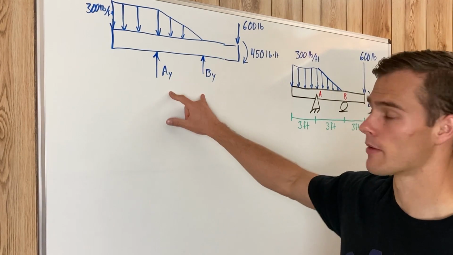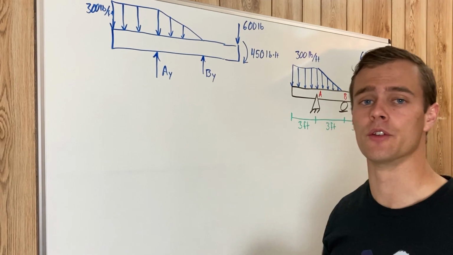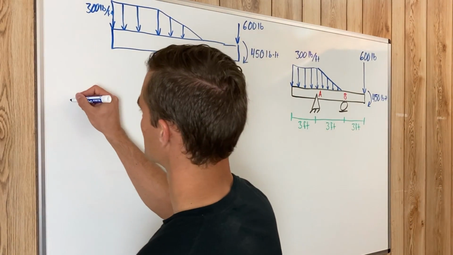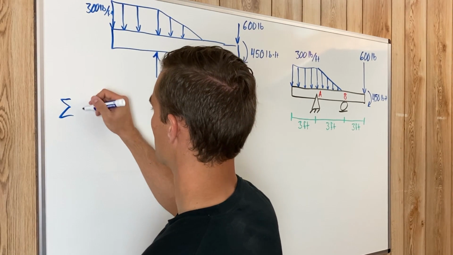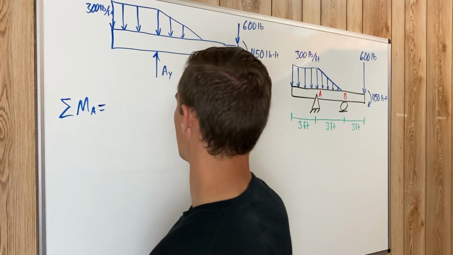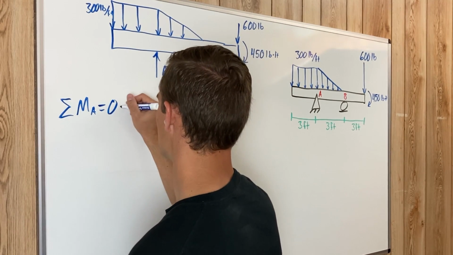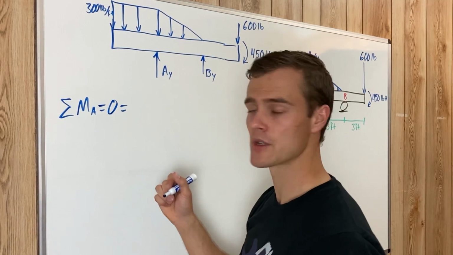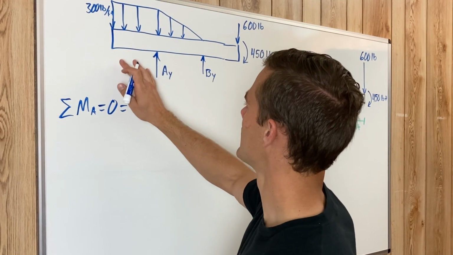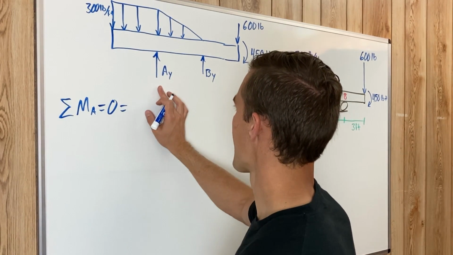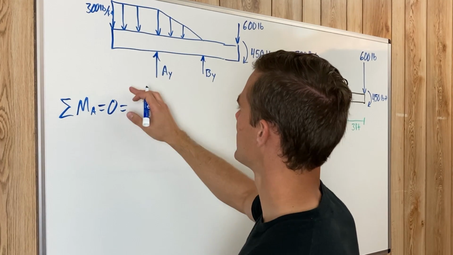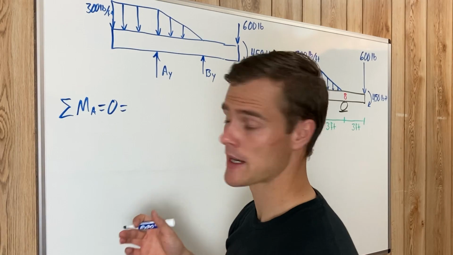Now we need to solve for the reaction forces, and we'll do that using equilibrium equations. So first we'll sum moments about point A so that we can solve for the reaction force B. Set that equal to 0 because it is in equilibrium. We have our distributed load here from 0 to A, and it is 300 pounds per foot, and it is 3 feet long, so that's 900 pounds.